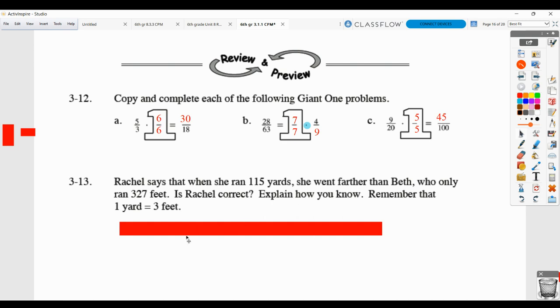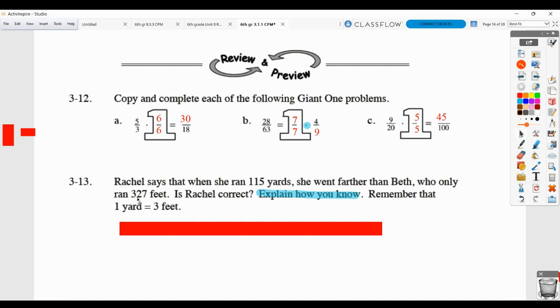For 3.1.3, Rachel says that when she ran 115 yards, she went farther than Beth, who only ran 327 feet. Is Rachel correct? So make sure that you do the explanation for how you know. So what you should show is either taking 115 yards, multiplying by the fact that there's 3 feet in a yard, which would equal 345 feet. So yes, Rachel ran further than 327 feet.